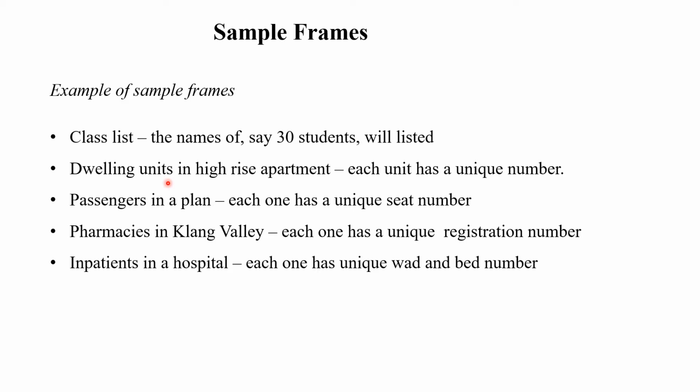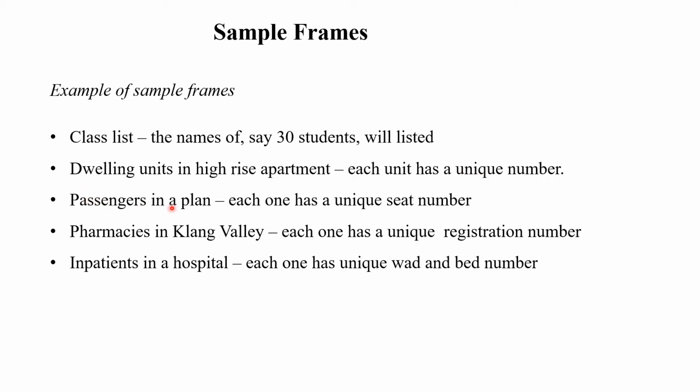Of course, each unit has its own number, for example, floor and then unit number. F118 refers to first floor, 18th unit. Similarly, F19-2 may refer to 19th floor, second unit. So every unit has a unique number. So that's a sample frame.